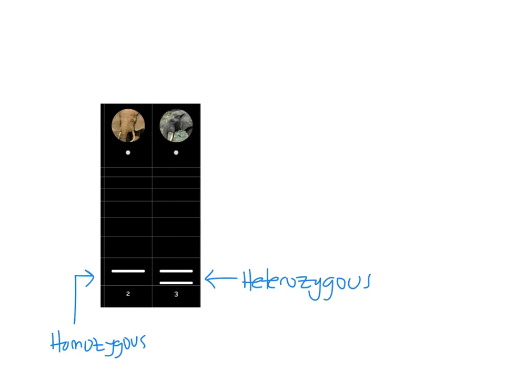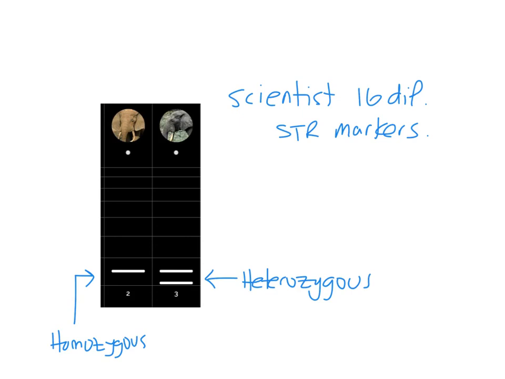But scientists, in what we've been looking at, would compare, I think it said 16 different STR markers. And when you have 16 of them, the chances of 2 elephants having all the same differences and coming out exactly the same is like 1 in so many billion that it's more than the elephants in the world.